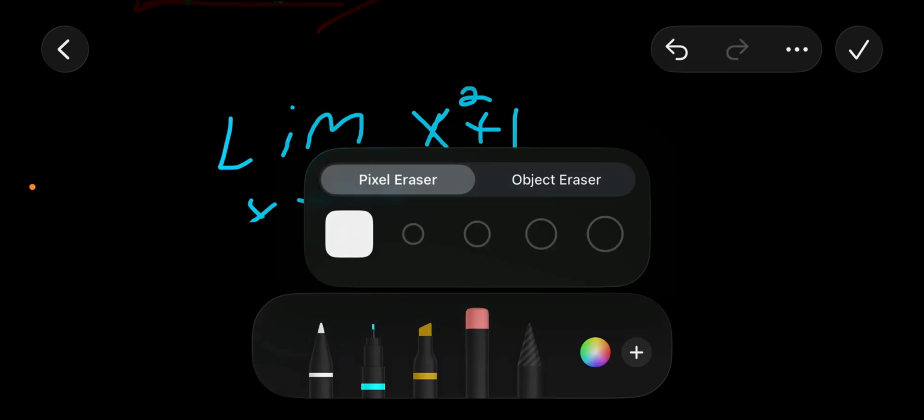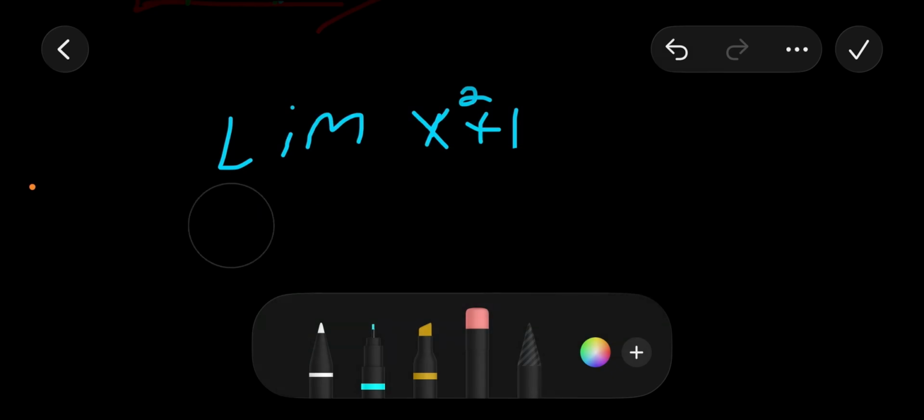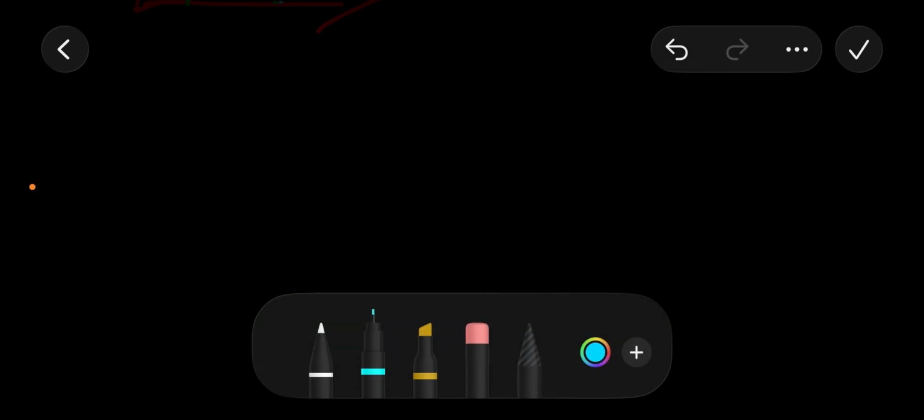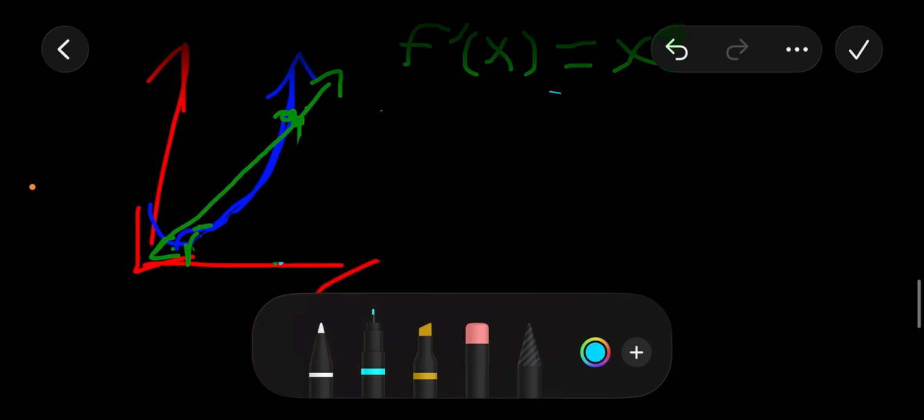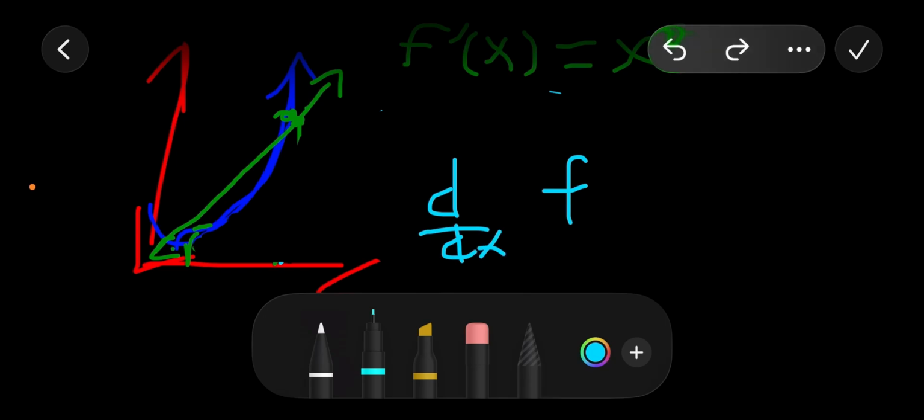Now, let's get to the next topic, derivatives. It isn't as complex as you think. A derivative, there's two ways you could write it: d divided by dx and f with an apostrophe of x. You might have heard of f of x before, but that isn't the same thing.